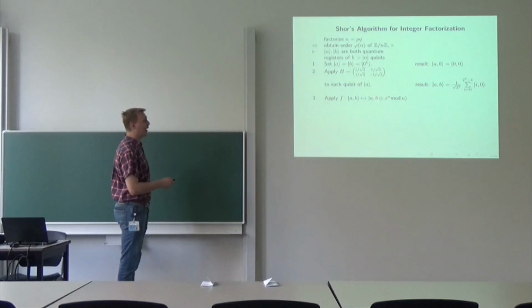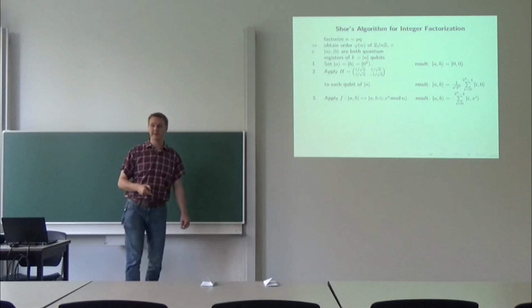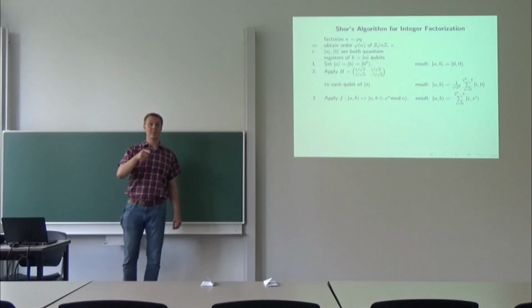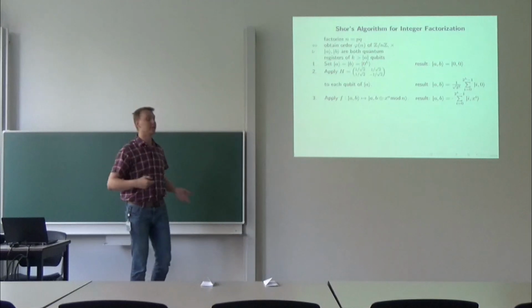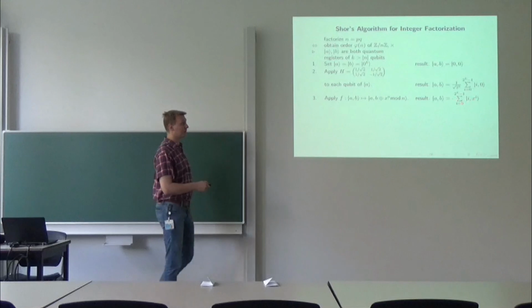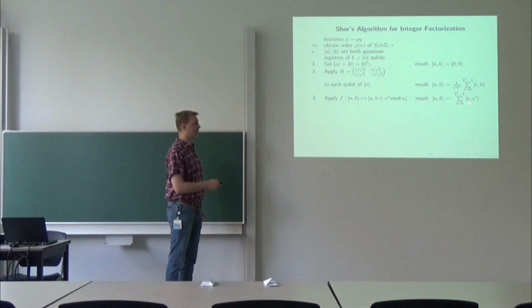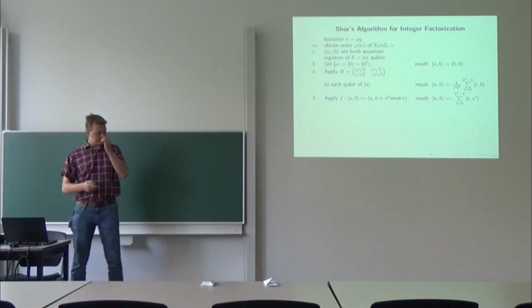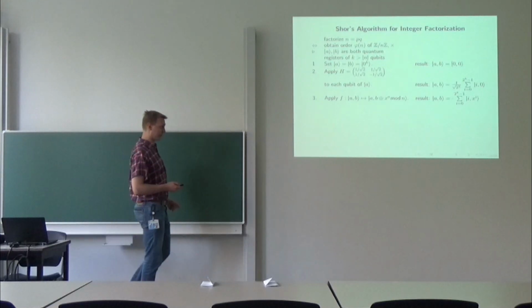So after applying f, the register B contains the uniform superposition of all x to the i, where i is the value in the first register. So in order to describe this, we sum over all i going from 0 to 2 to the k. The first register contains i, the second register contains x to the i modulo n. Now remember what I said earlier about the order.